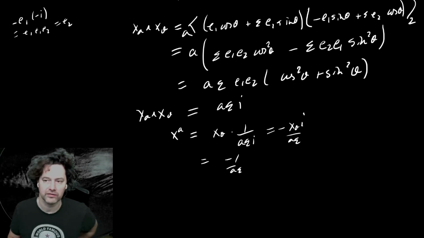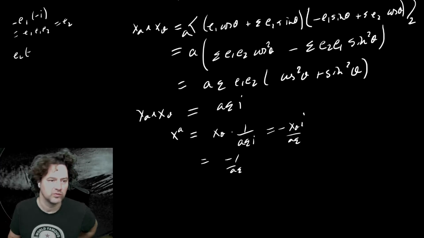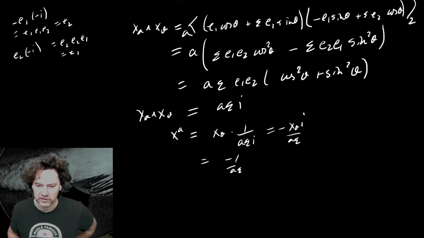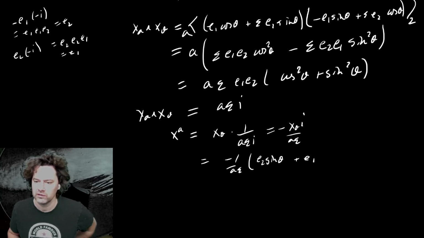And we're going to have a 2 times minus I, which is E2 times E2, E1, which is E1. All right, so x upper A should be E2 sine theta plus E1 cos theta.